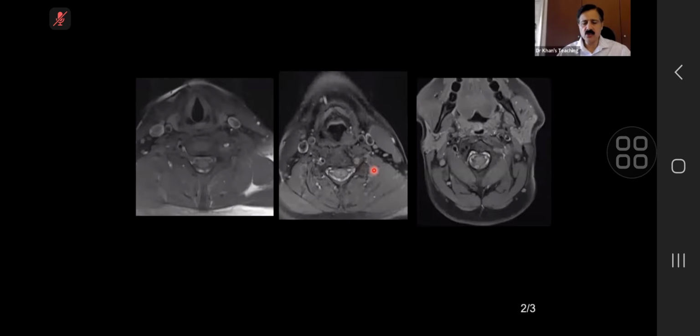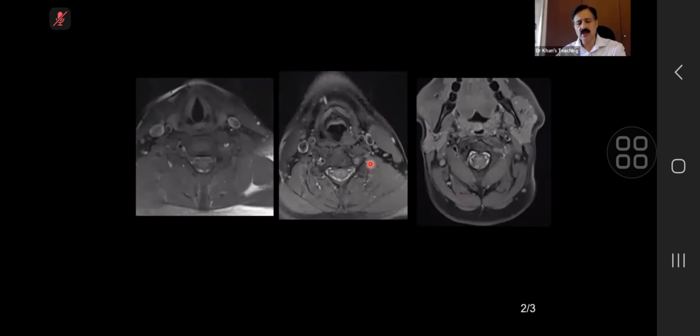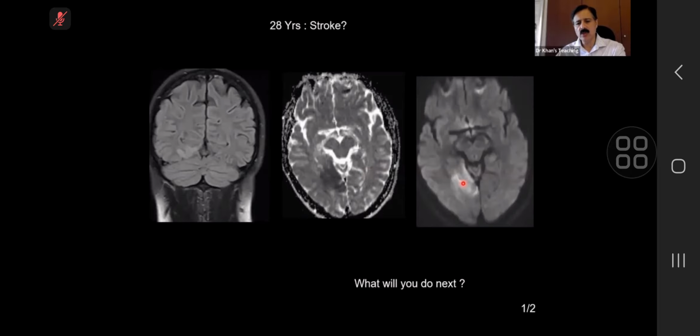It means that this was a dissection, but with complete occlusion. Now, going back, why is this infarct on the contralateral side? Simple as that. Dissections can throw emboli, and this is posterior circulation. So the left vertebral was involved, but it went into the basilar, and ultimately the embolus goes on to the right side. So that is the explanation.